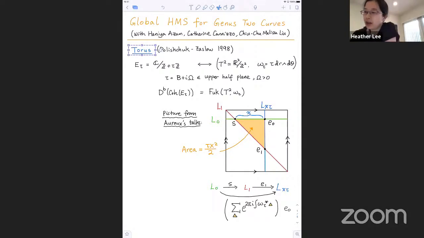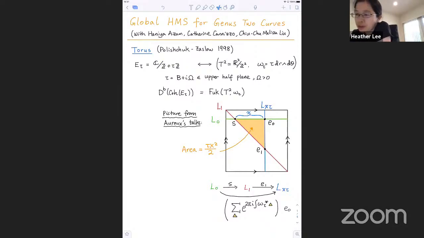Now, this example of a torus: on the complex geometry side, any torus is C quotiented by a lattice, for some modular parameter tau, and tau is a complex number in the upper half plane.